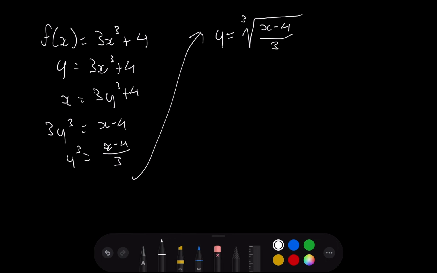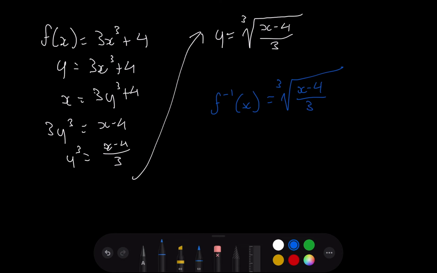And therefore, in conclusion, if f of x is equal to 3x cubed plus 4, then the inverse function, f to the power of -1 of x, would be equal to the cube root of x minus 4 divided by 3.